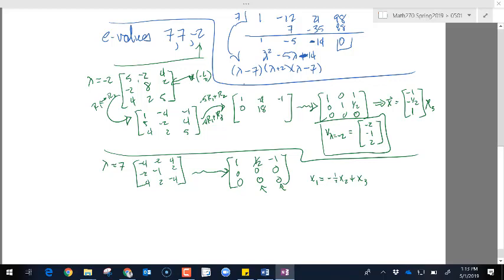Oh, so your vector is going to be -1/2 x2 plus x3, x2, and x3.